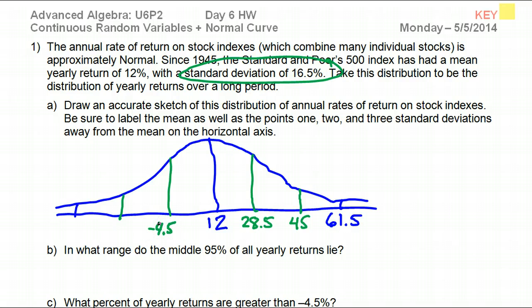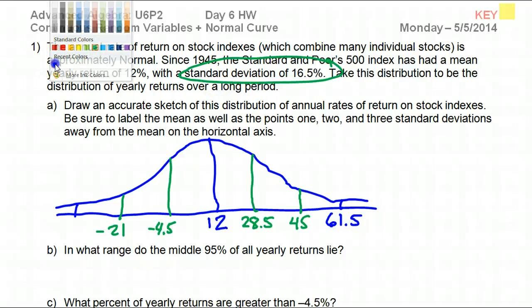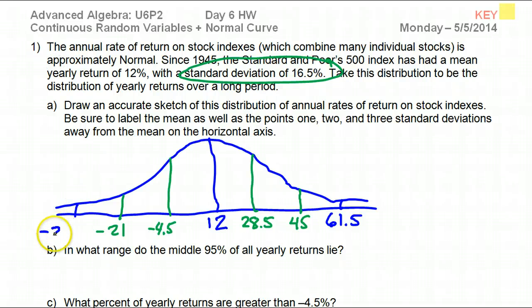Okay, minus 16.5 again, I get negative 21. And minus 16.5 again, I get negative 37.5. Okay, now, so we have the mean, and we count up by the standard deviations and down.